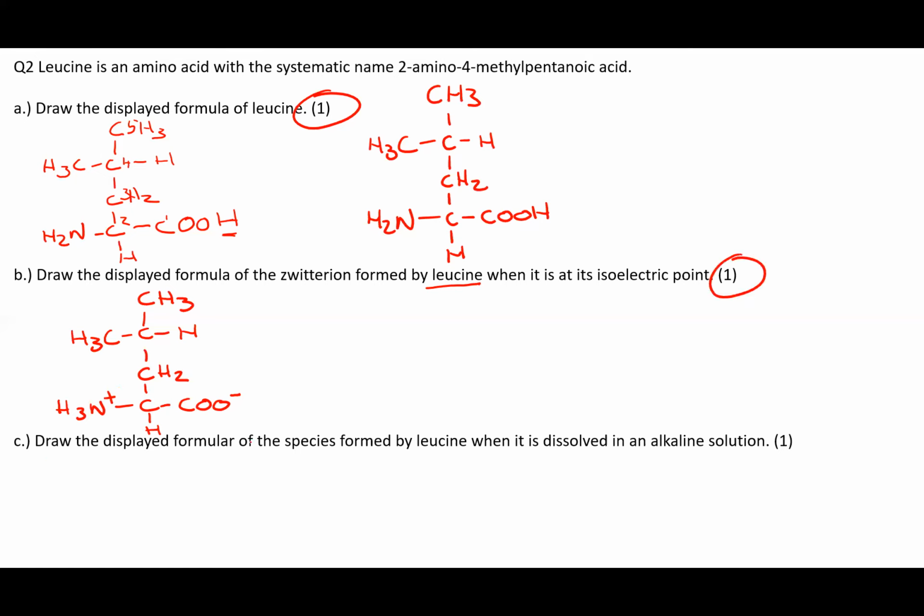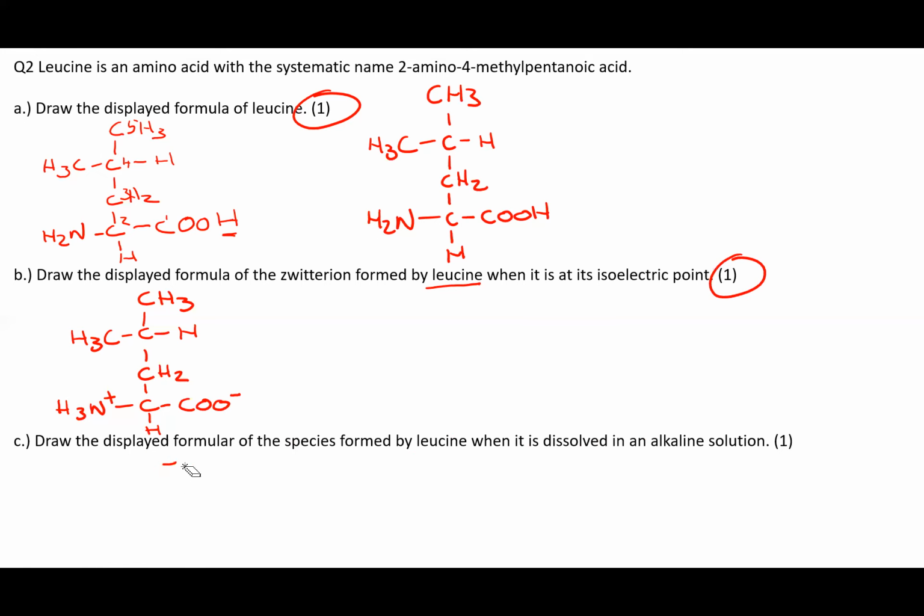And then finally, draw the displayed formula of a species formed by leucine when it's dissolved in an alkaline solution. When it's dissolved in an alkaline solution, the ionisation is at the carboxyl group. So what you would have is this. Your amino group would look exactly normal. Oops, H2N. Let me erase that.